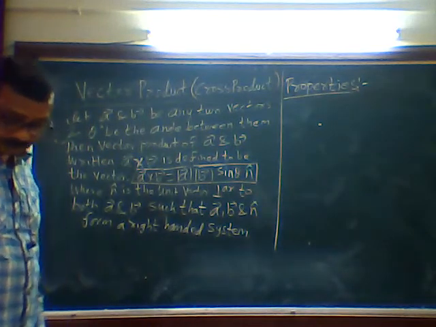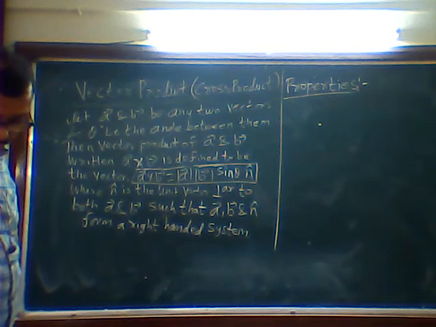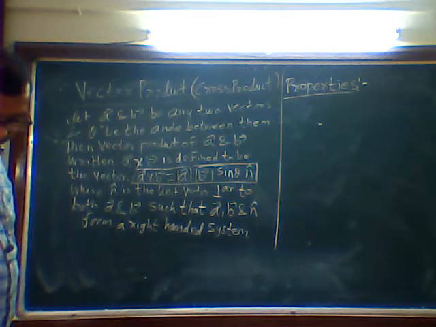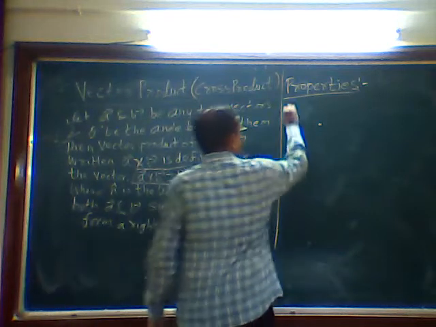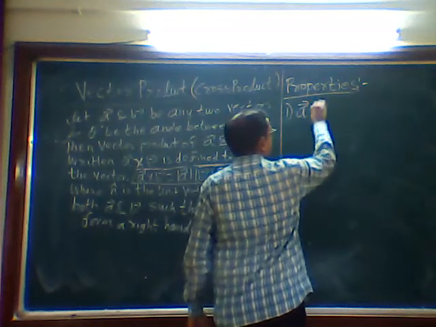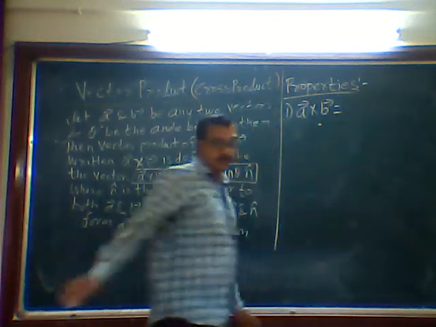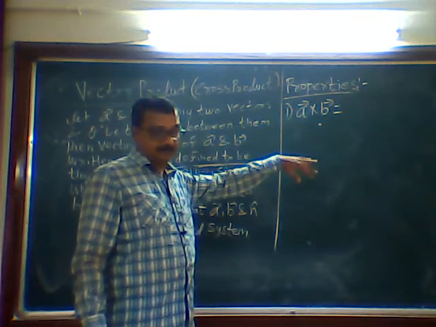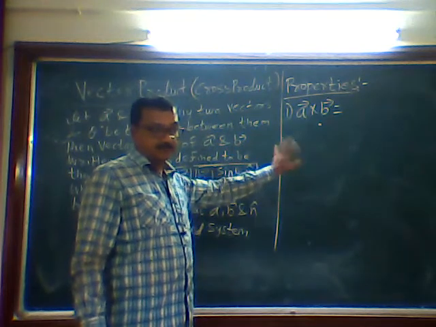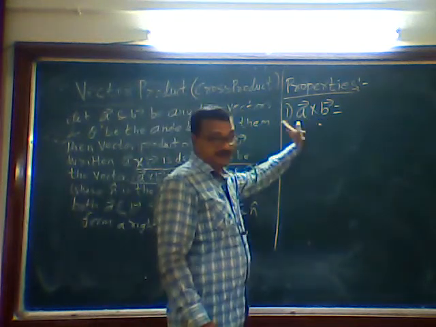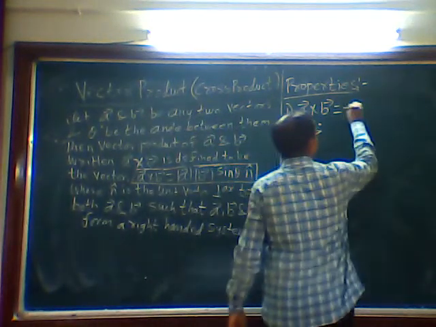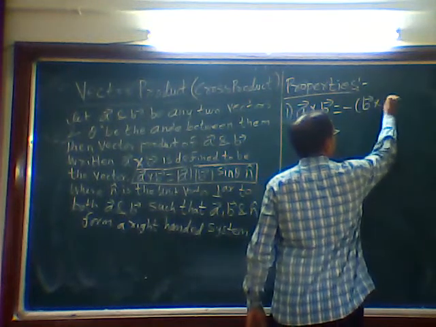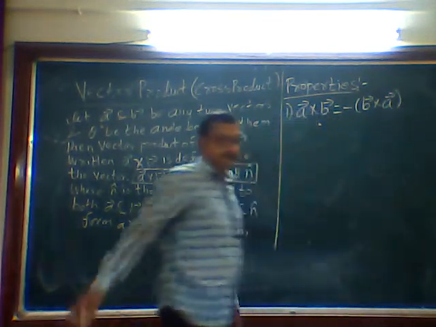The first one is A bar cross B bar. See, in dot product it was A bar dot B bar is equal to B bar dot A bar. It was one and the same. But in A bar cross B bar, if you change the things, minus sign will come outside: minus B bar cross A bar.